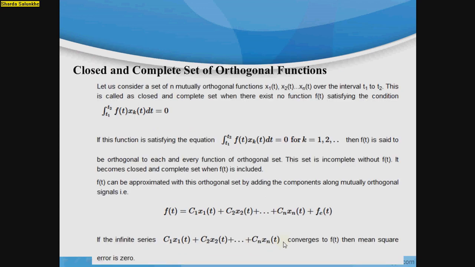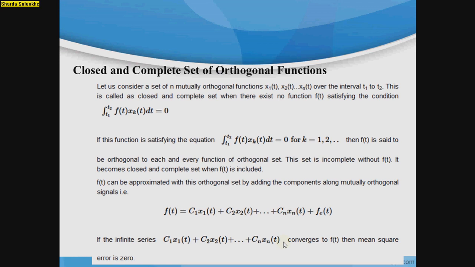Closed and complete set of orthogonal functions. Let us consider the mutually orthogonal functions x1 of t, x2 of t up to xn of t over the interval t1 to t2. This is called a closed and complete set when there exists no function f of t that satisfies the condition integration over the period t1 to t2 of f of t into xk of t dt is equal to 0.